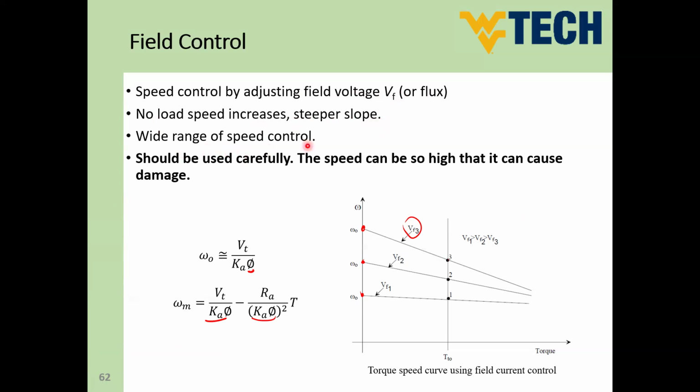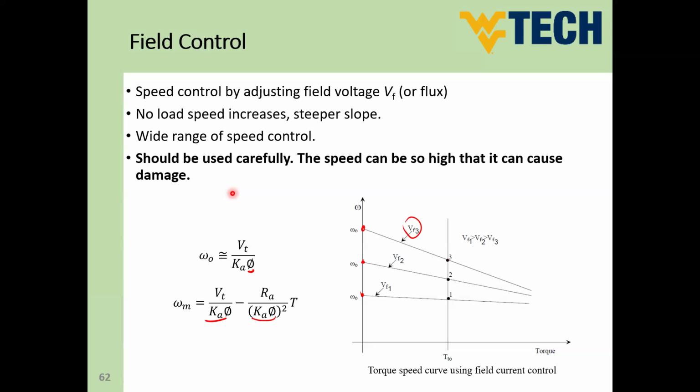It's still a wide range of speed control, but it should be used carefully. The speed can be so high that it can cause damage, and this is what's called field weakening.